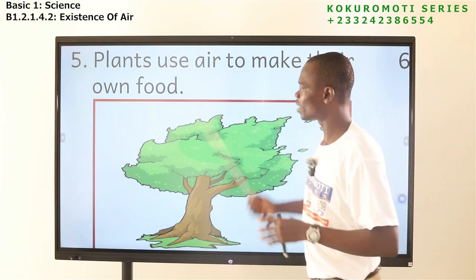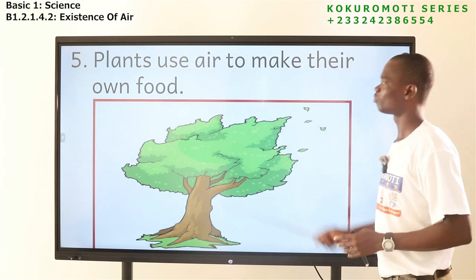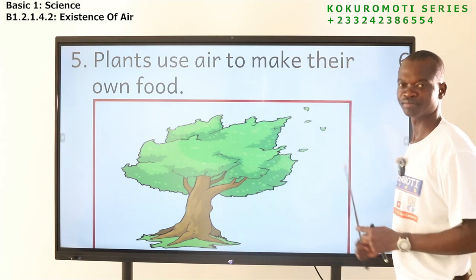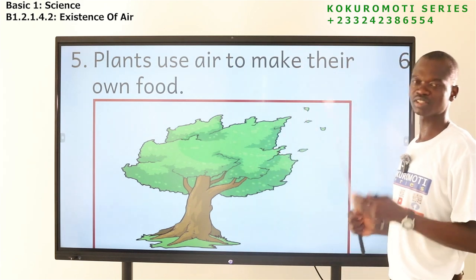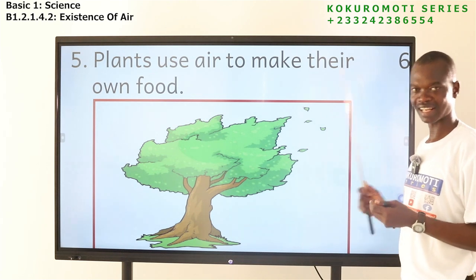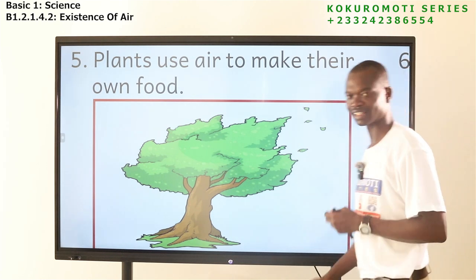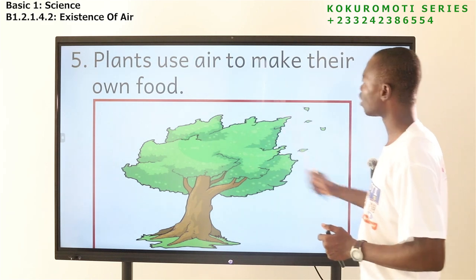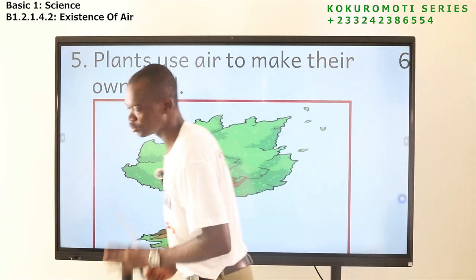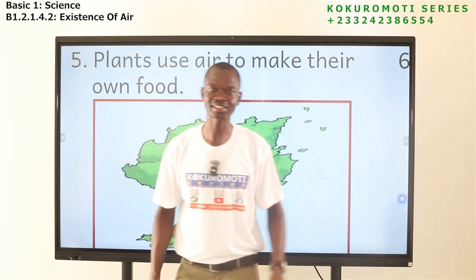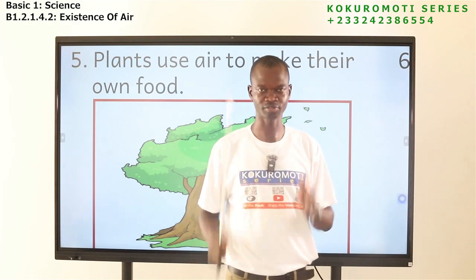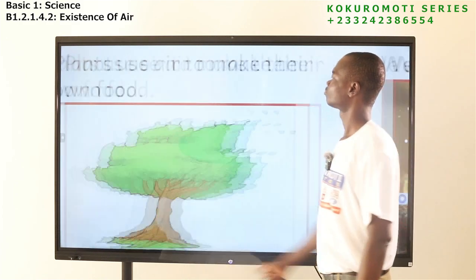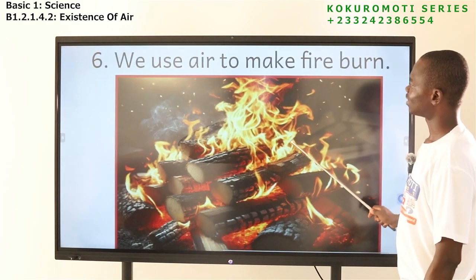So plants make their own what? Food by using what? Air. Not only air, they use sunlight and what? Water in the soil. So we are saying that plants use air to make their own food. This tells you that without air, plants cannot make their own what? Food.